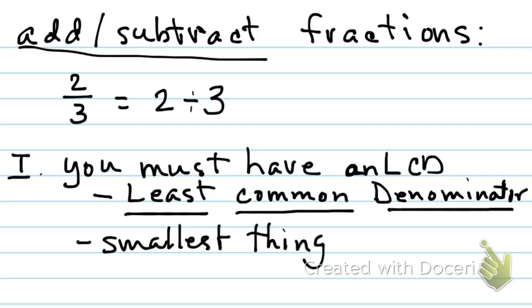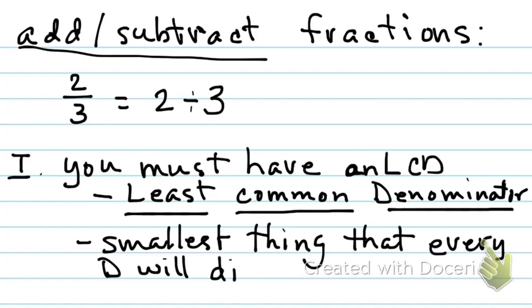Now, it's going to be a number in these cases because remember, we're working in the arithmetic review, so we don't even have algebra yet. Okay? The smallest thing that every denominator will divide into.